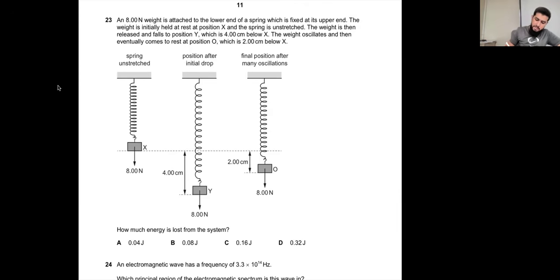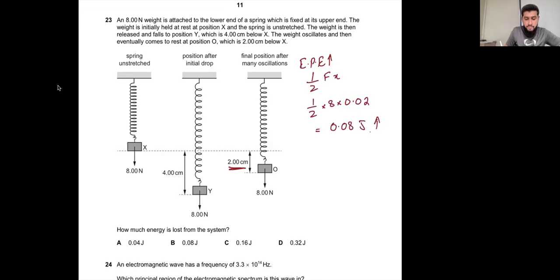How much does it extend by? 2 centimeters. So elastic potential energy increases: half Fx, half into 8 into 0.02, and that gives me 0.08. This is the elastic potential energy that increases.